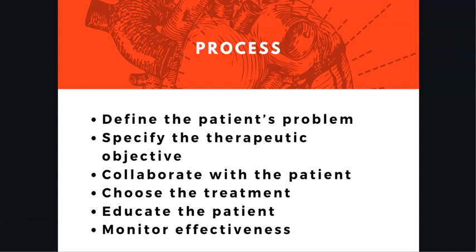And you would use diagnostic tests to confirm and specify the therapeutic objective. You may collaborate with the patient because the patient is important. They know what's going on with them, so you can't count them out. The process includes educating the patient and monitoring for effectiveness.